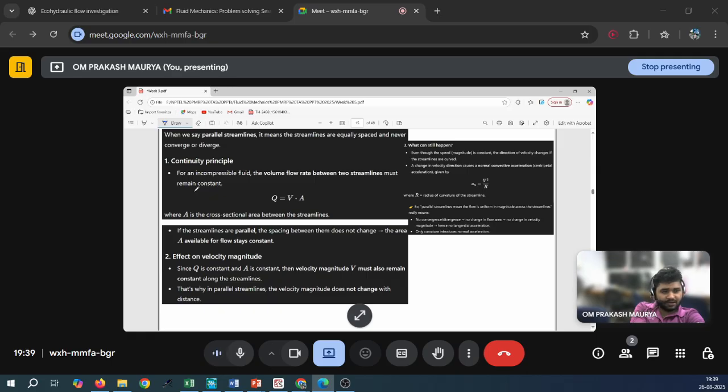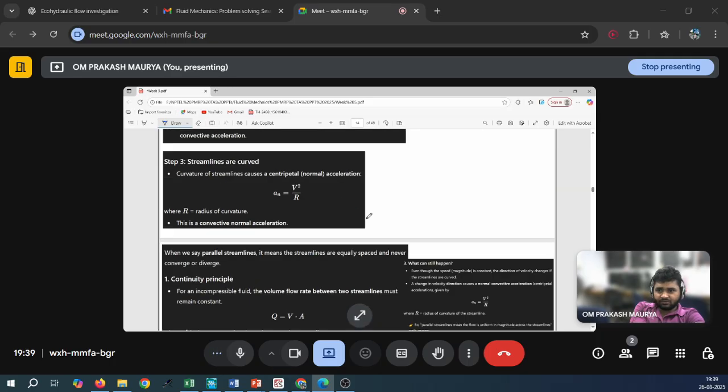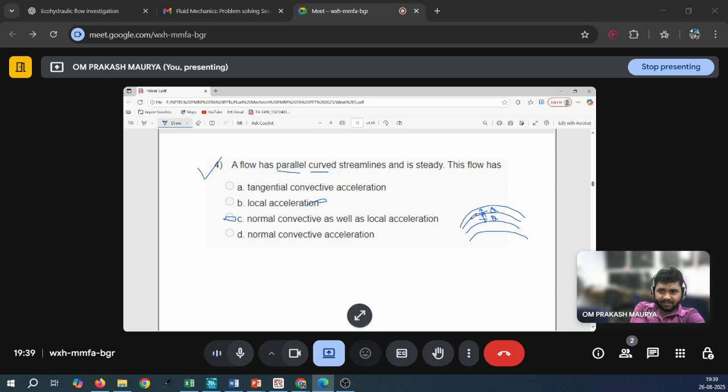This is the continuity equation, where the area is the cross-sectional area between streamlines. If the flow is parallel, then the area here, let us suppose, is A, and the area here is also A. So if area is the same and velocity is the same, definitely Q will be the same.